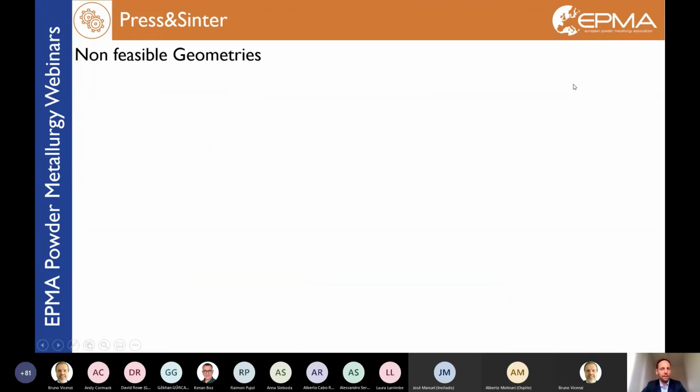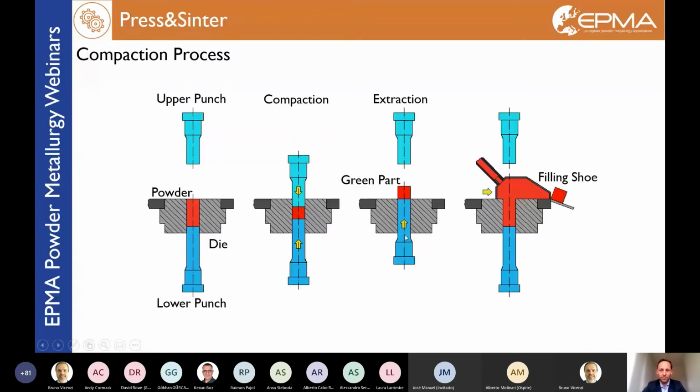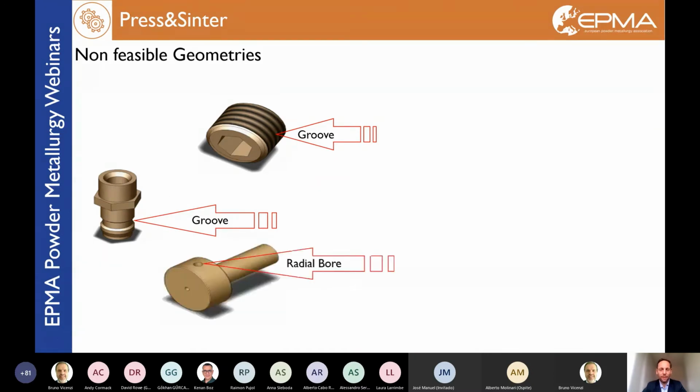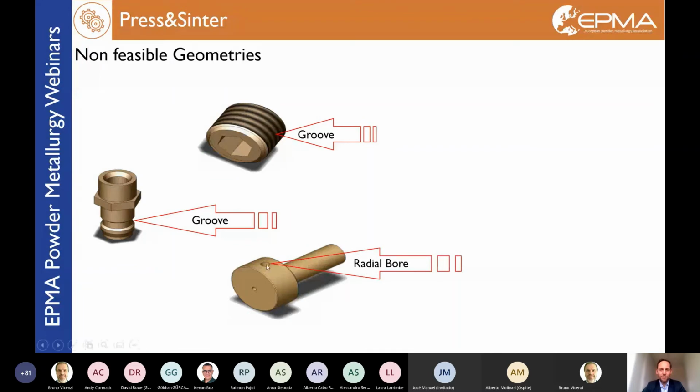Let me show you a few non-feasible geometries with the conventional PM technology. This is, for example, grooves. These are undercuts, and if you remember that the part has to be extracted, you can imagine why undercuts are not feasible. This is another version of groove or undercut, not feasible, as well as radial bores.